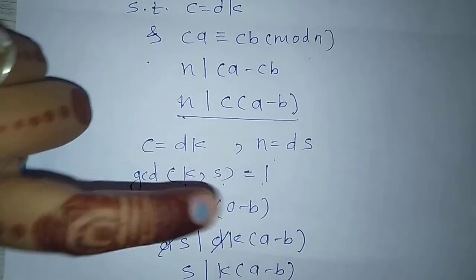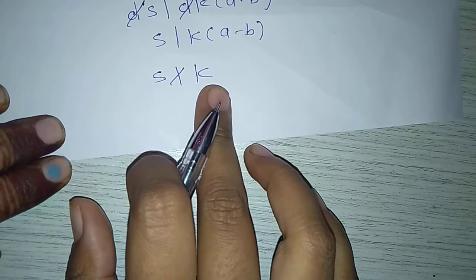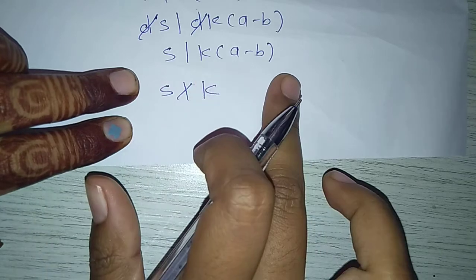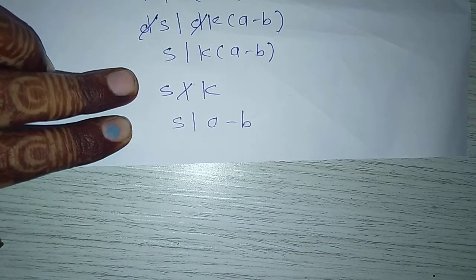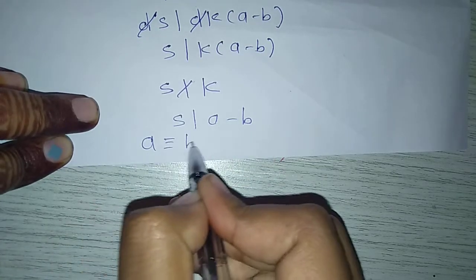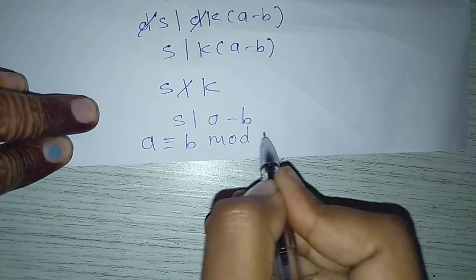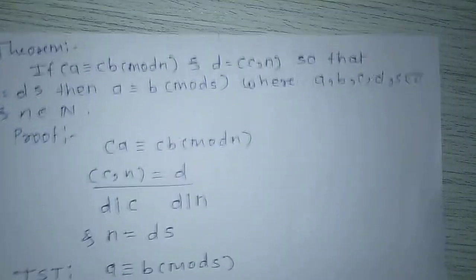But GCD of (k, s) equals 1 means s does not divide k. s does not divide k, but s divides k times (A minus B), so s divides A minus B. s divides A minus B means A is congruent to B modulo s. This is the proof of this theorem.